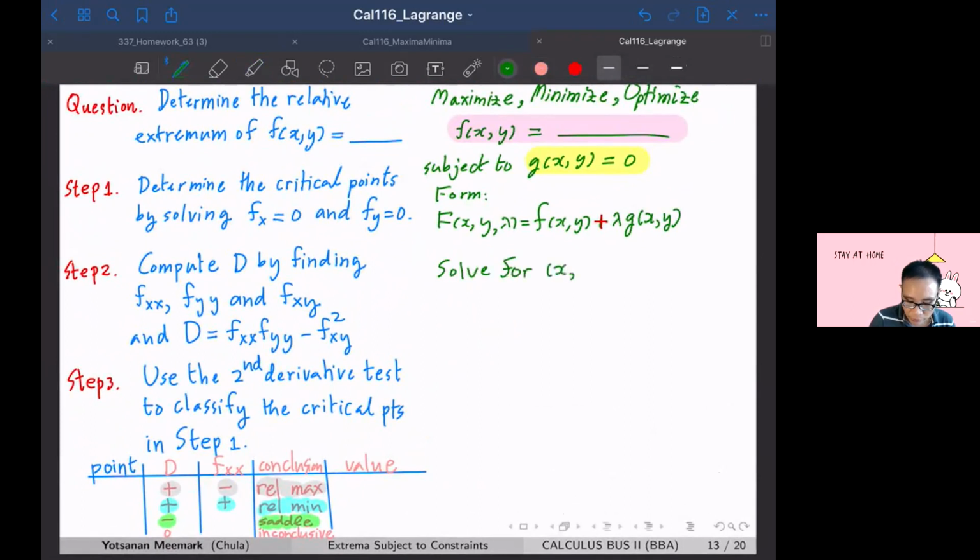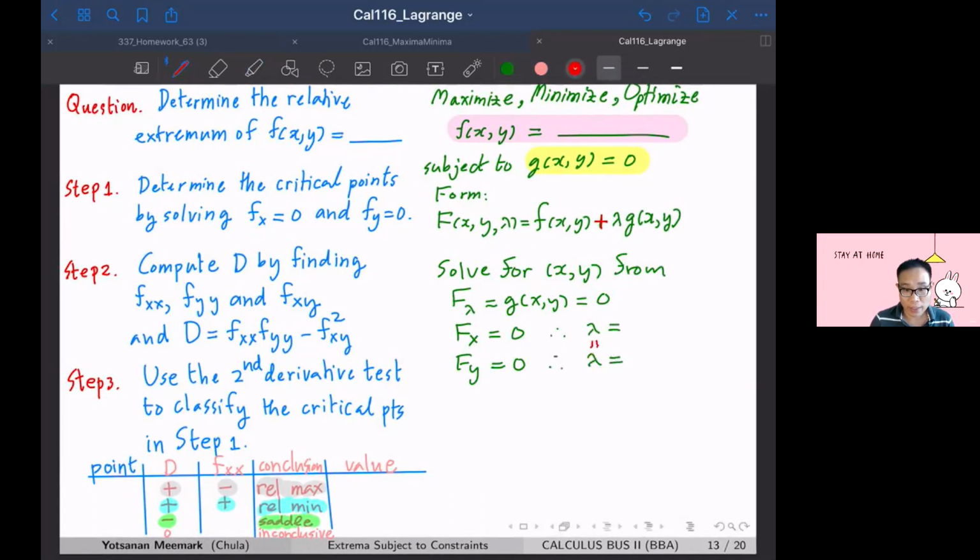So it's gonna be solve for x and y from F lambda equal to just g(x,y) equal to 0, and you have Fx equal to 0, Fy equal to 0, and most of the time you're gonna solve for lambda, and this will be the same, okay? And you're gonna have a relationship in x and y.